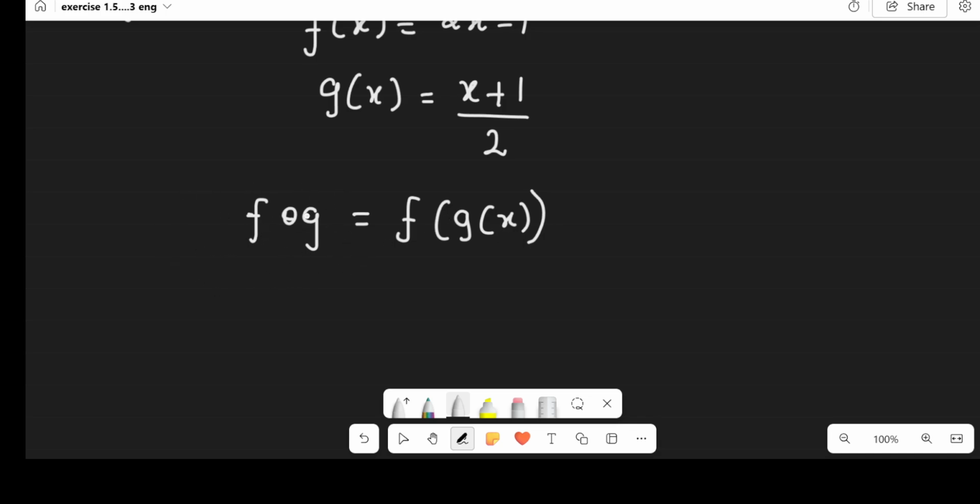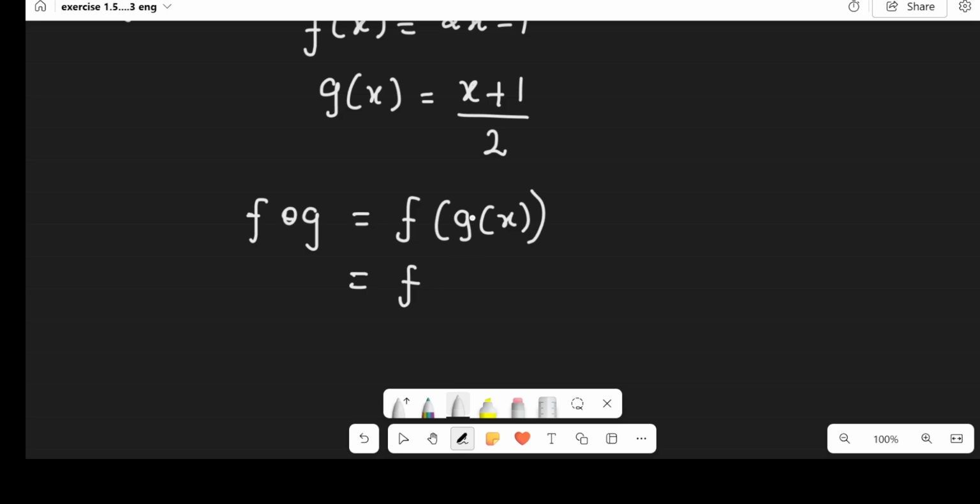If you haven't watched that video on the composition of functions concept, check out the video first, and after watching that, you'll be able to understand the concept. Do check it out. And now here, f of g of x, right?